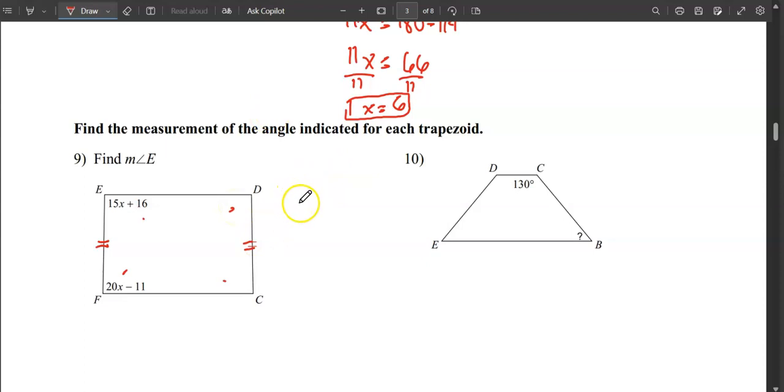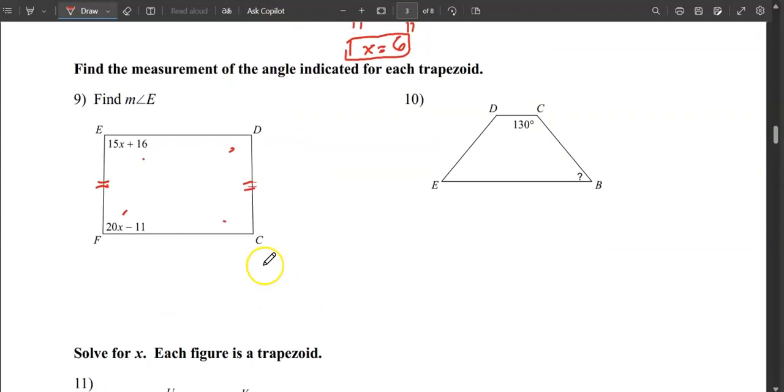This is for number 10. I hope I have more space. So you have 15x plus 16 plus 20x minus 11. Again, since they're supplementary, they should add up to 180.